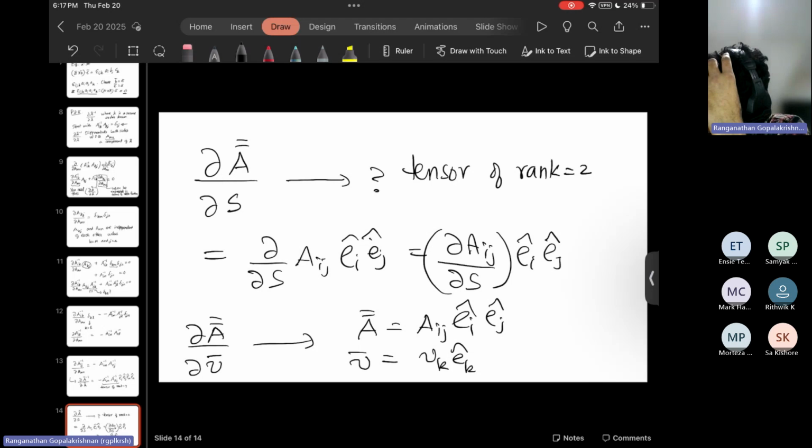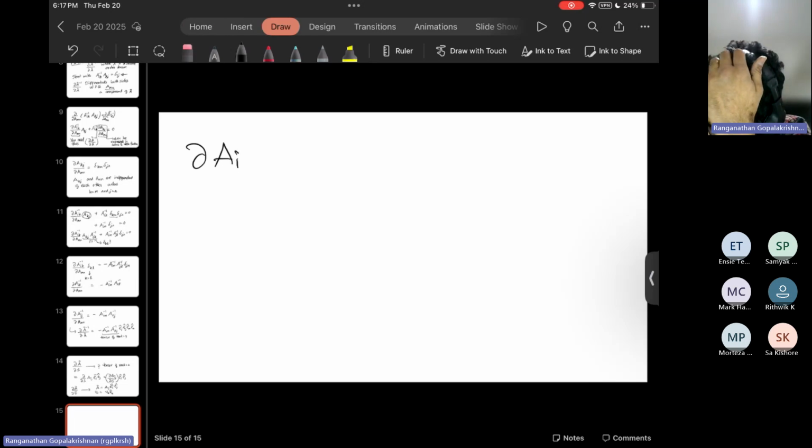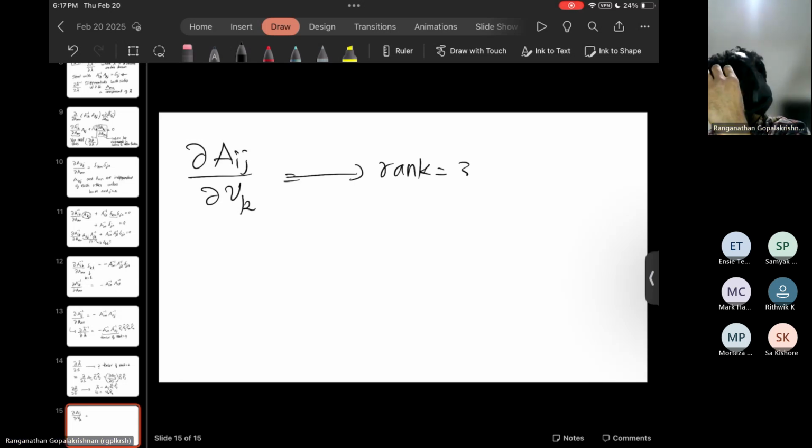In general, they are independent. So you would start by computing partial A_ij over partial V_k, and depending on what properties A and V may have, you may write out some expression, but that expression will be a tensor of rank 3 in general.